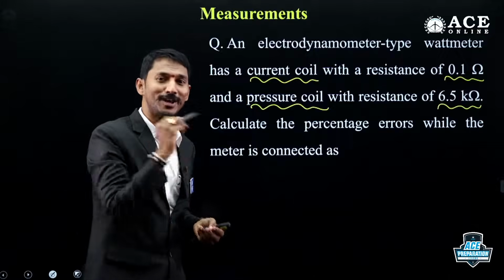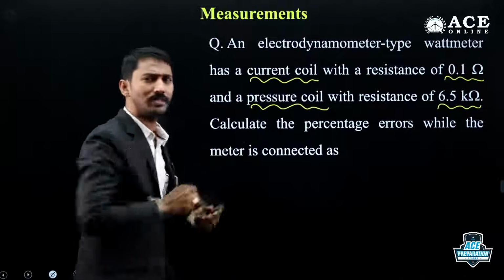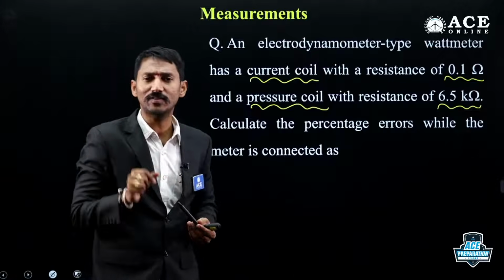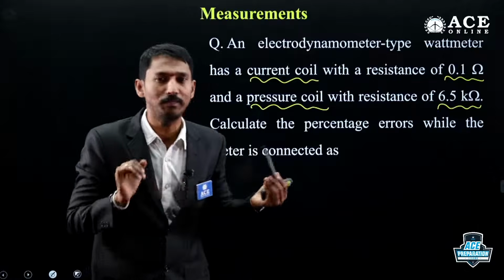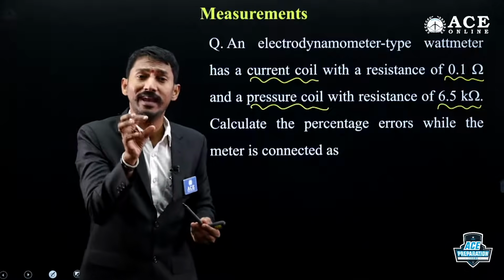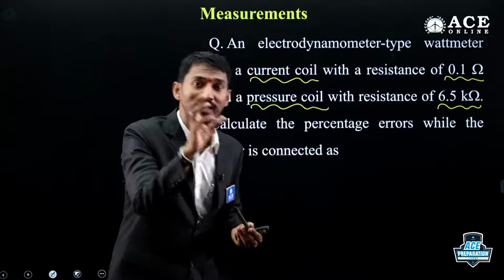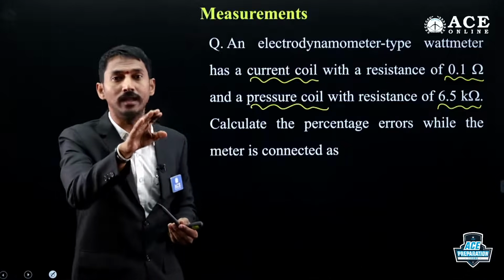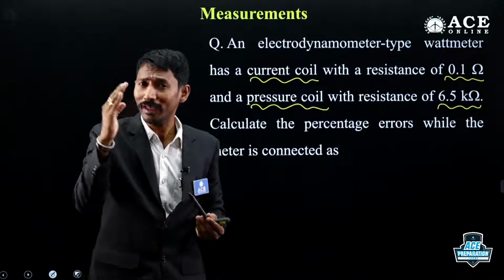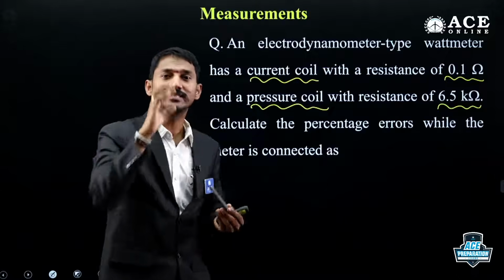While the meter is connected as means, sir, before going to the question, just for 30 seconds, let us revise the topic. Sir, electrodynamometer type wattmeter is there. How many ways can you connect for measurement of power? 2 ways. One is potential coil towards the load side, or potential coil towards the supply side.